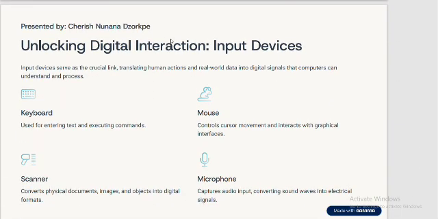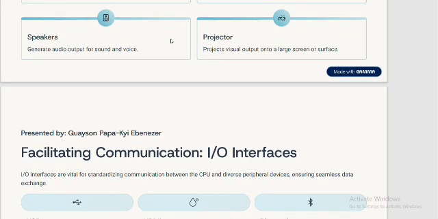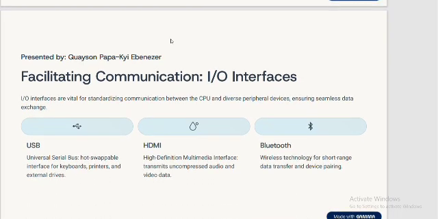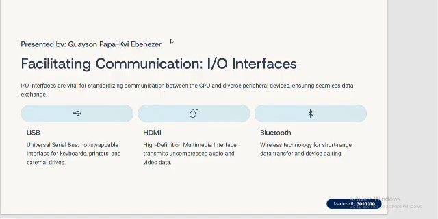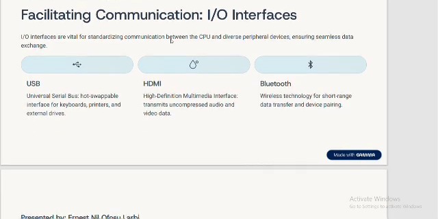I'm going to continue by starting from facilitating communication, the input/output interface. The I/O interfaces are vital for standardizing communication between the CPU and diverse peripheral devices, ensuring seamless data exchange.